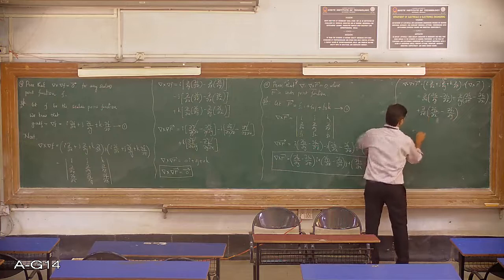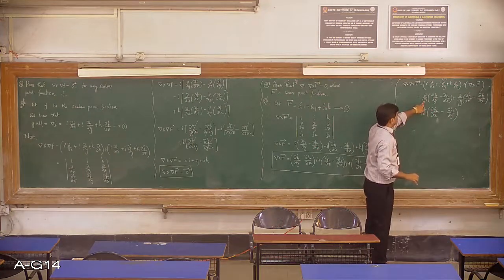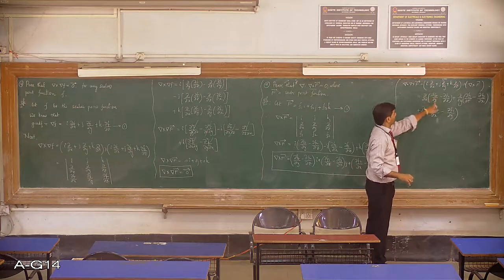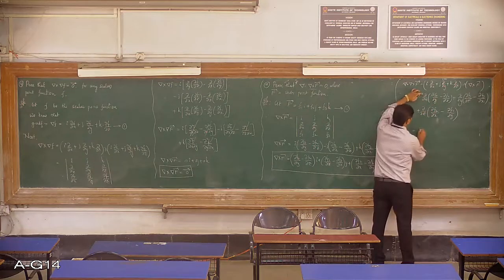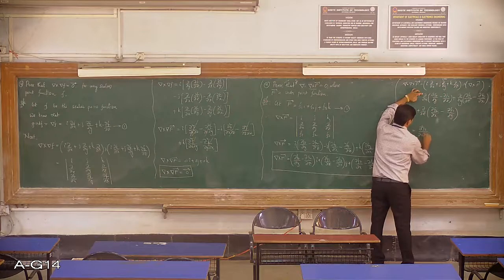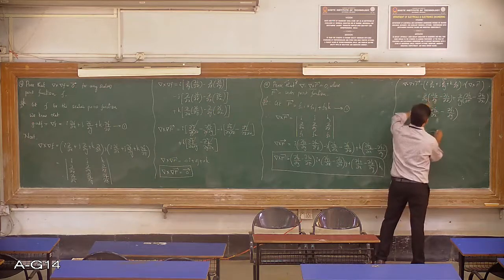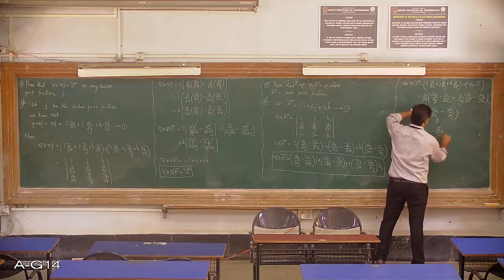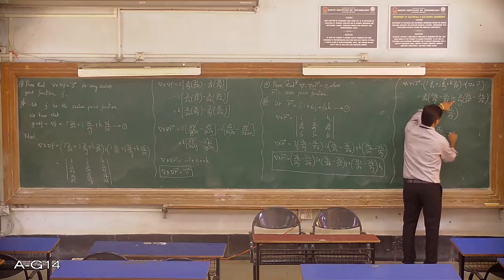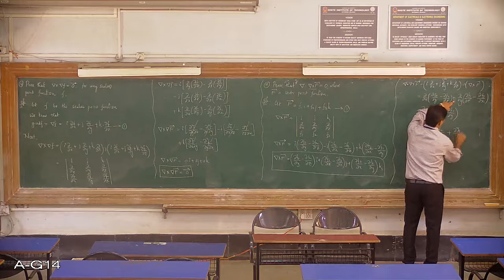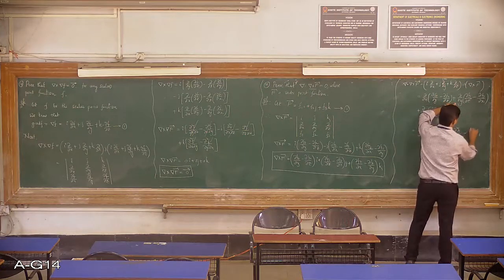So now elaborate this. With respect to x, if you differentiate, what you will get? Dou square f3 by dou x dou y minus dou square f2 by dou x dou z. Here plus dou square f1 by dou y dou z minus dou square f3 by dou y dou x.